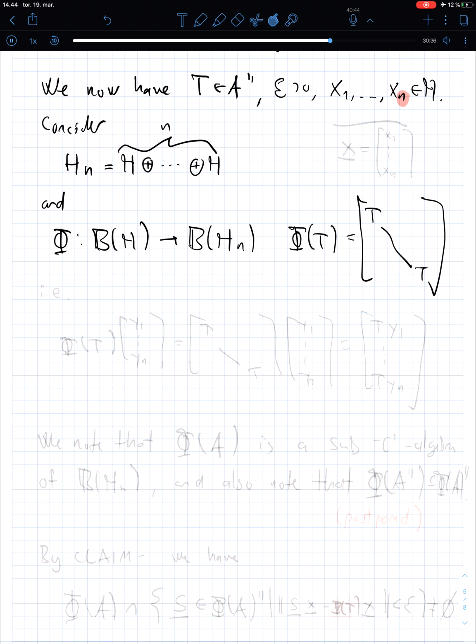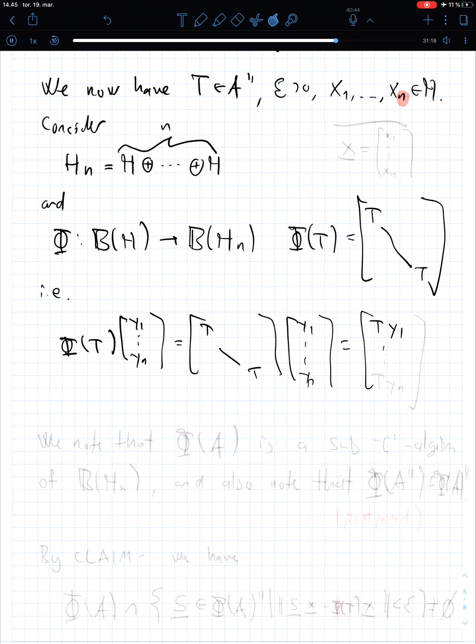So in a sense, what we're thinking of is matrices over B of H. That's an efficient way of doing it, but if you don't like that, then really all I'm doing is saying I will take an operator in B of H, and I will define a new operator in B of Hn, and the way it works on an element in Hn, which you might think of as a column vector y1 up to yn, is the matrix multiple of y1 up to yn, and that just becomes t individually applied to each of the entries, right?